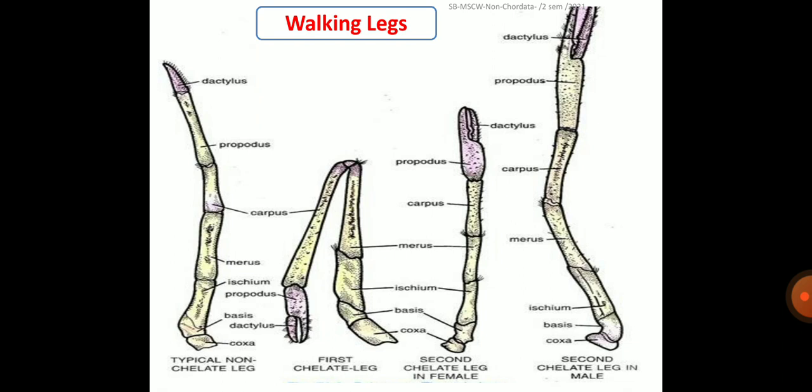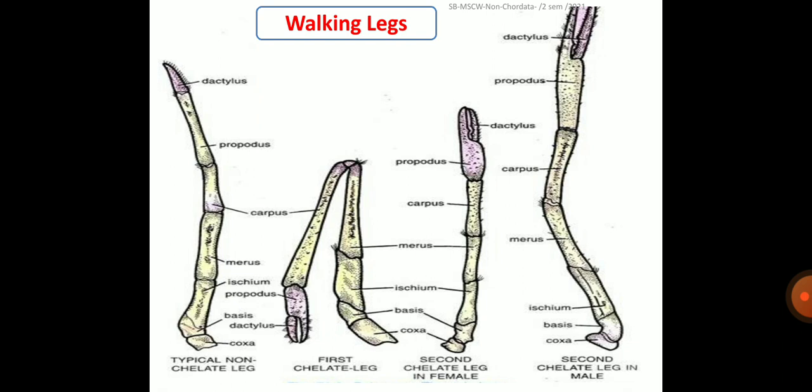Such legs are termed chelipeds or chelate legs. These are used to grasp or hold the food and pass it on to the mouth, and also serve as organs of offense and defense.